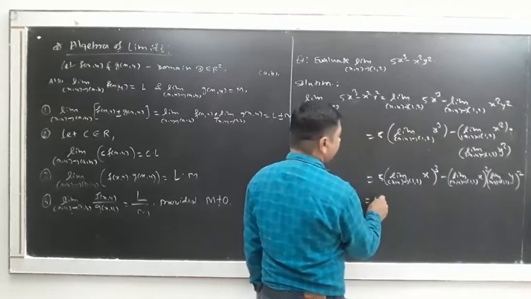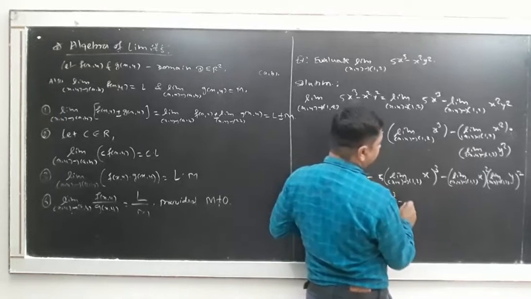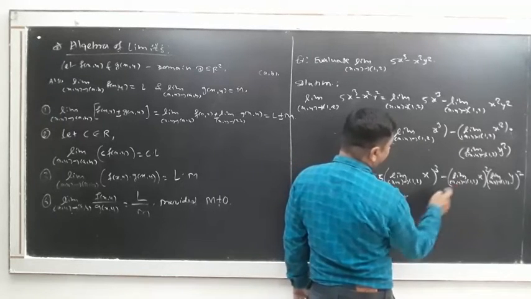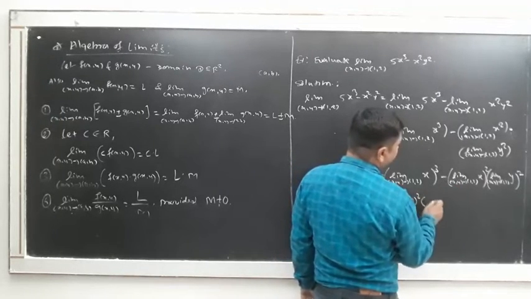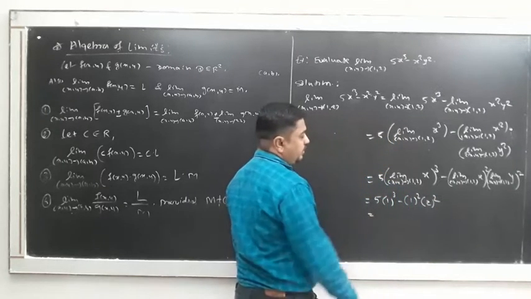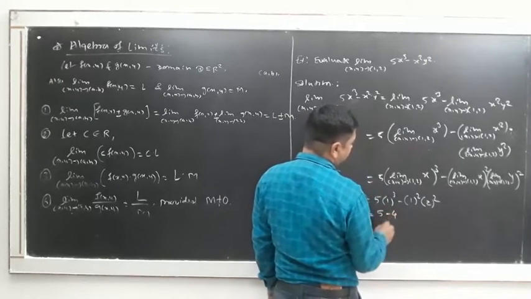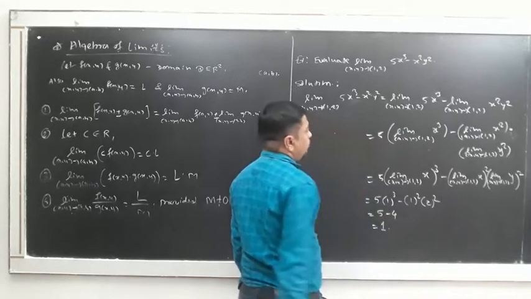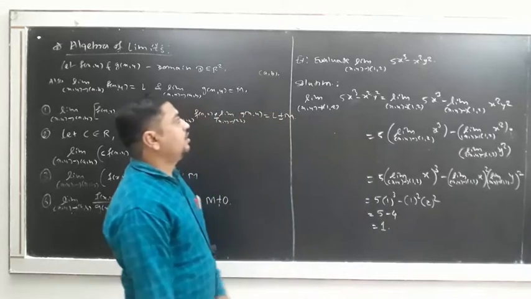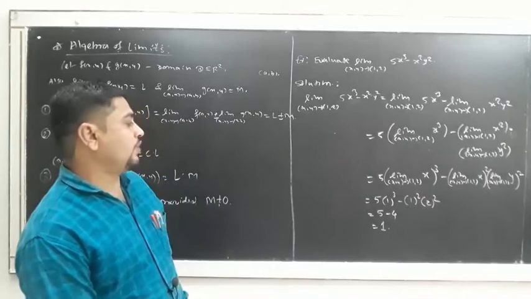So what should this be? 5 into 1 cube minus 1 square into 2 square. So it is 5 minus 4, which is equal to 1. So the limit of this given function is 1.